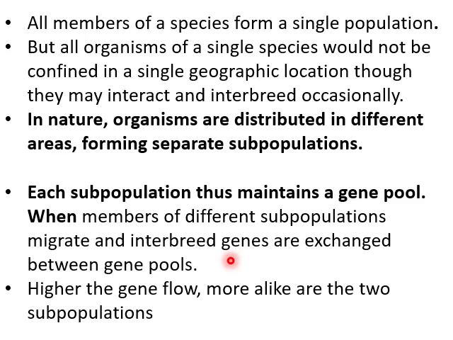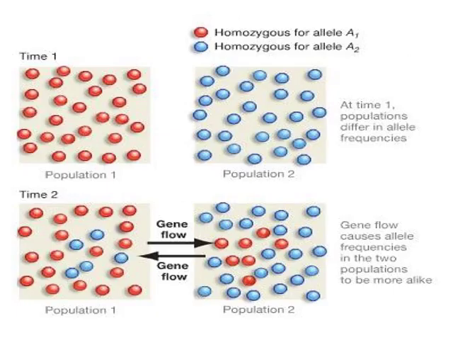The higher the gene flow, the more alike are the two subpopulations. In this diagram, you can easily observe two populations at two different time intervals.